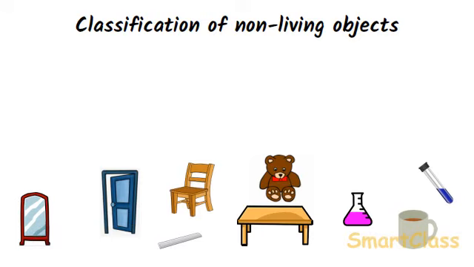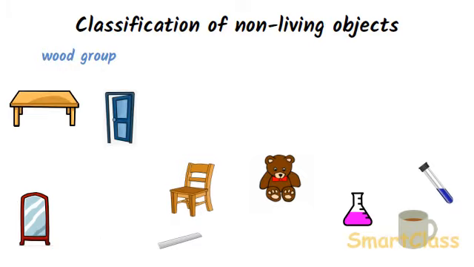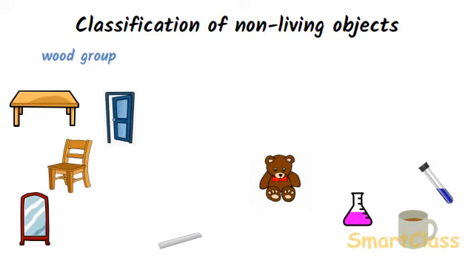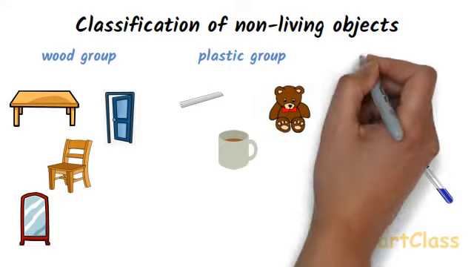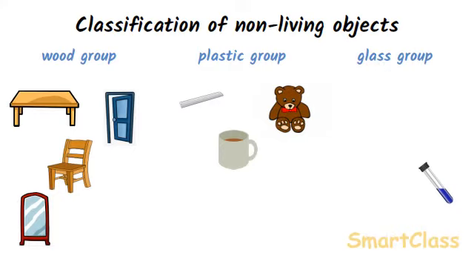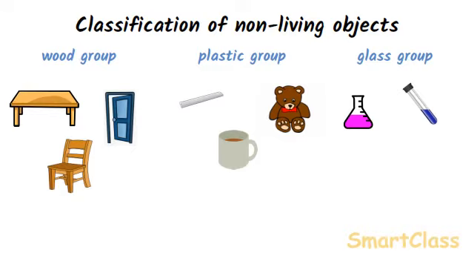Now from this list, we can group all the objects into three groups as follows. The objects made of wood group will have table, door and chair in it, whereas the objects made of plastic group will have ruler, mug and toy in it, and the objects made of glass group will have beaker, test tube and mirror in it.